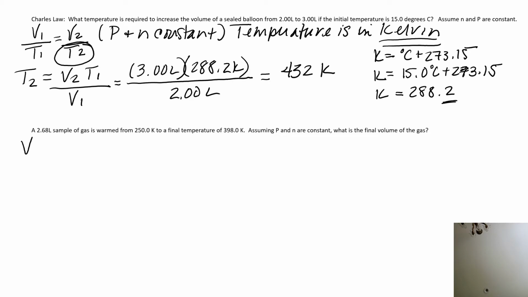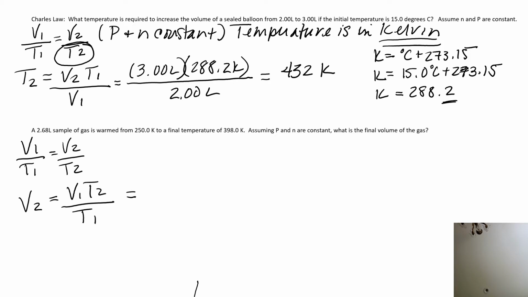So we have V1 over T1 equals V2 over T2, and we rearrange that. So V2 equals V1 T2 over T1. And just plug in our variables then. V1 is 2.68 liters.